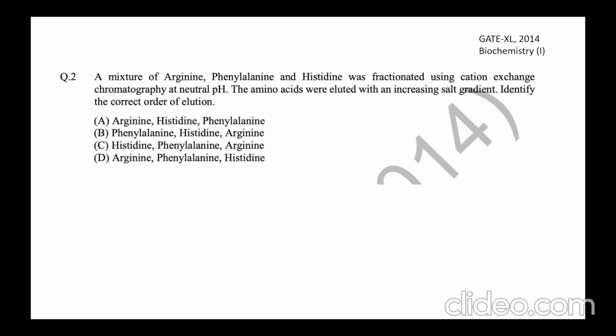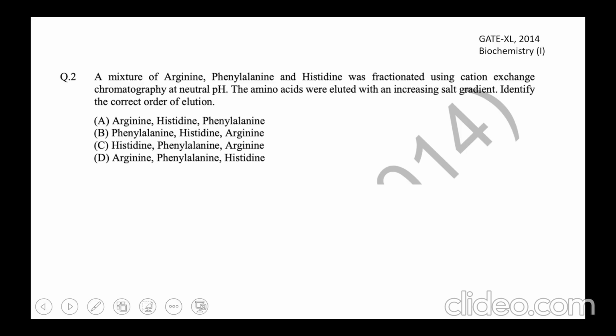The question states that a mixture of arginine, phenylalanine, and histidine was fractionated using cation exchange chromatography at neutral pH. The amino acids were eluted with an increasing salt gradient. Identify the correct order of elution. The options are given in different orders.